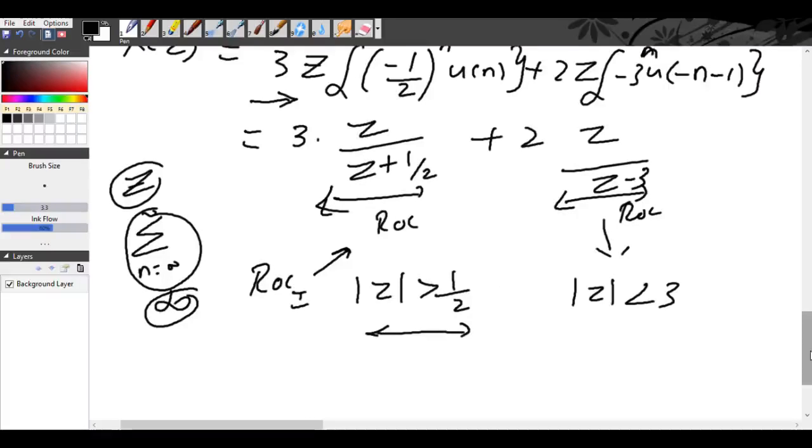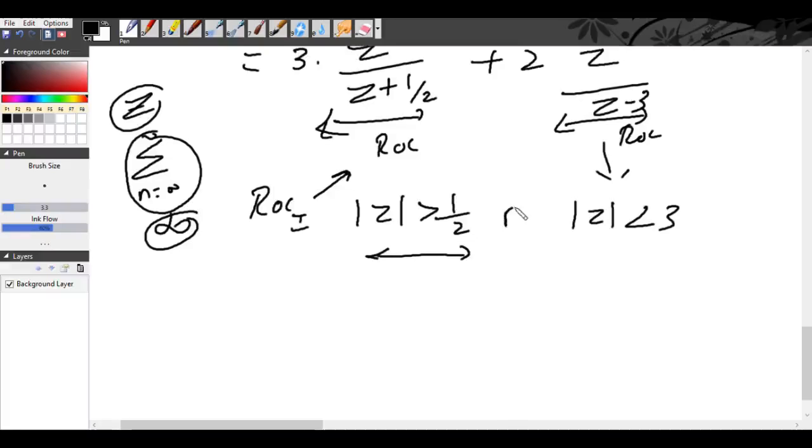So these are the two areas which we have. I need to find the intersection of these two. So what will be the ROC of the final X of z? Even before that, I'll just rearrange this equation 1, making it a single term.